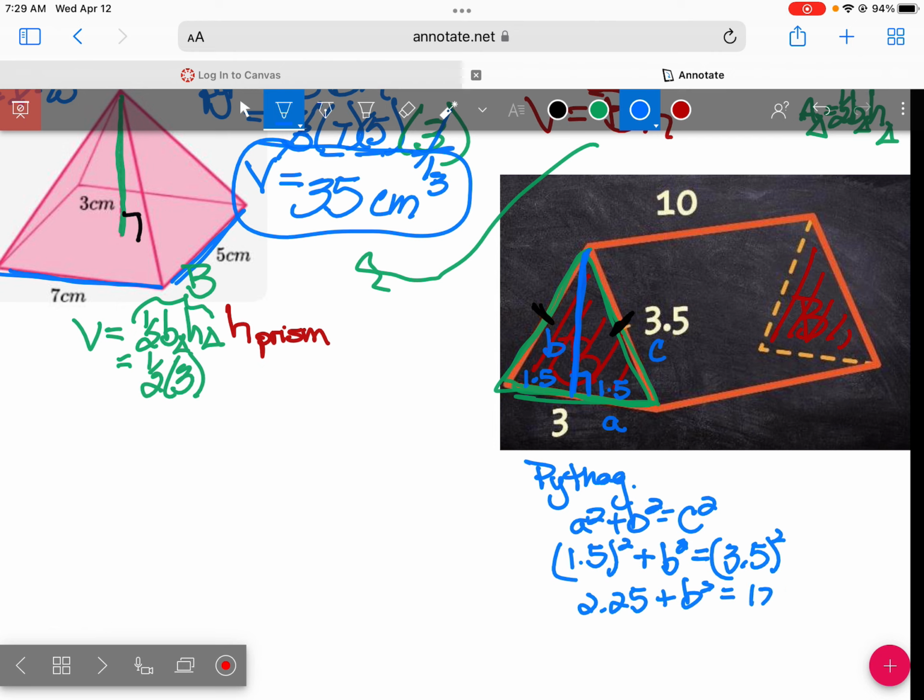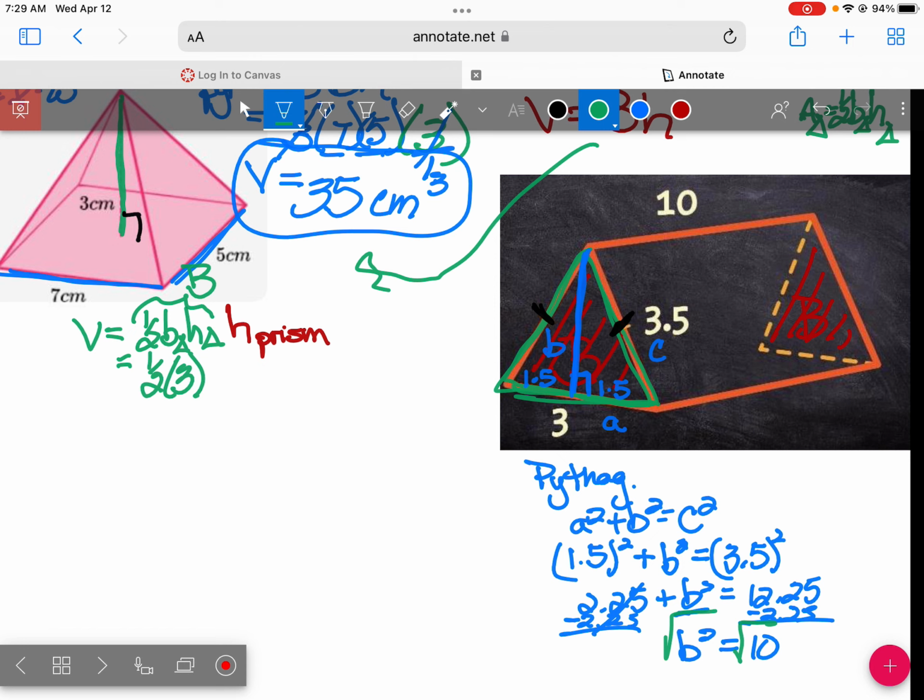which is 12.25. All right, I'm trying to solve for B. Let's subtract 2.25 from both sides. Those cancel out. B squared is equal to 10, but I don't want B squared. So I take the square root, take the square root.